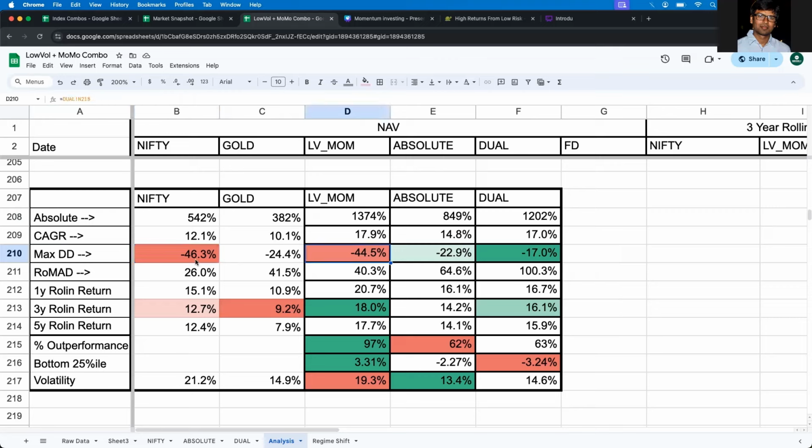Now you see that the strategies which have a bigger maximum drawdown, let's say 46 or 45, are colored in red, whereas the ones which have less, like 17 or 22, are colored in green. So we prefer the ones which have lesser drawdown. When I say we, it is again a personal choice. You can consider maximum drawdown as something like a heart attack for any human.